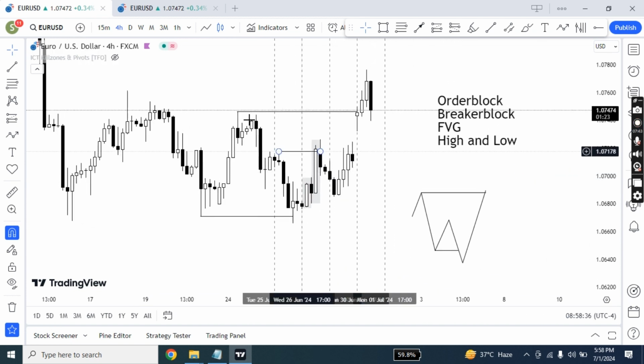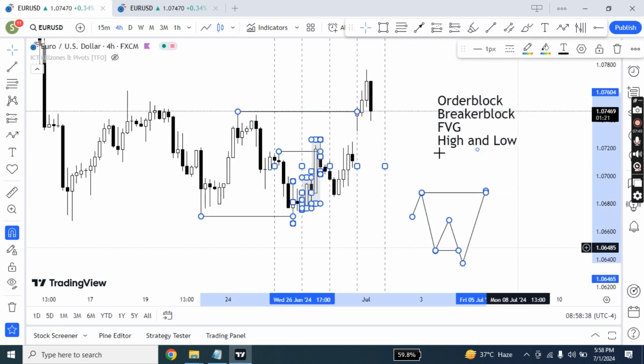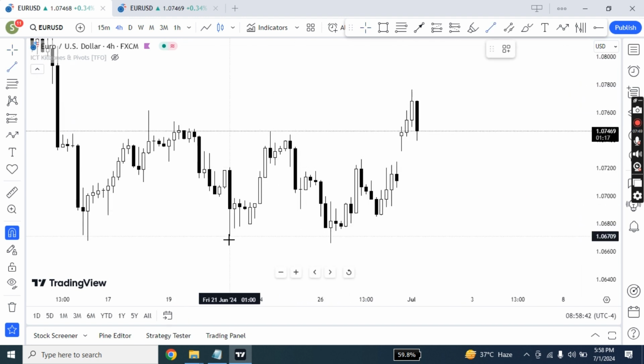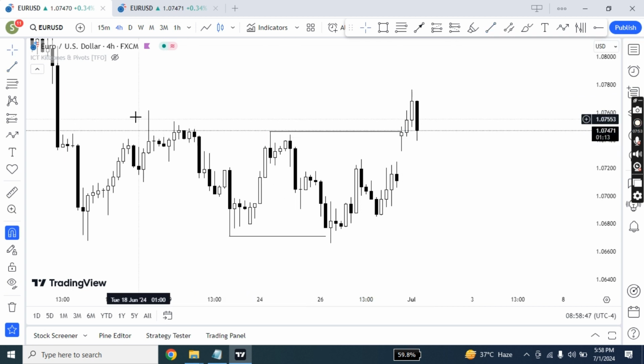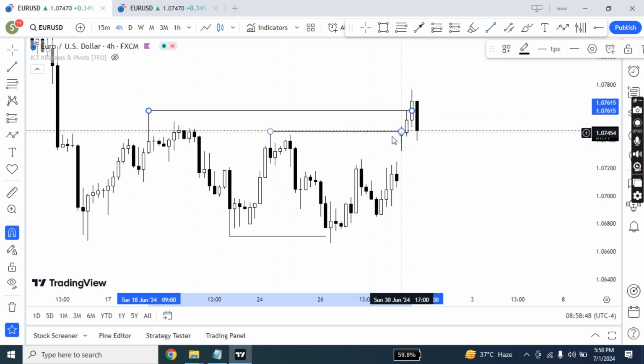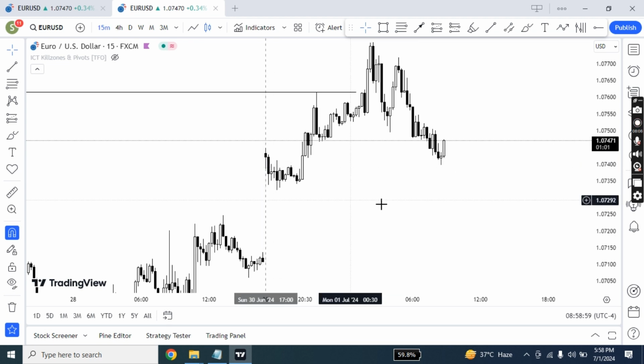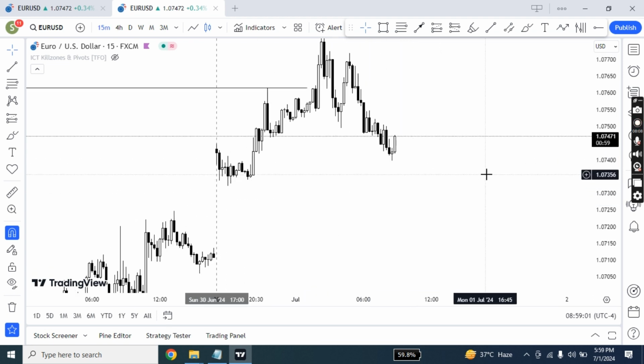Let's remove all of this right here. So we've got this range low, this range high, but also this range high as well, right? Now this is Monday right here, and price opened with this huge opening gap right here, and it opened after this 17 Eastern time or 5 p.m. Eastern time, right?